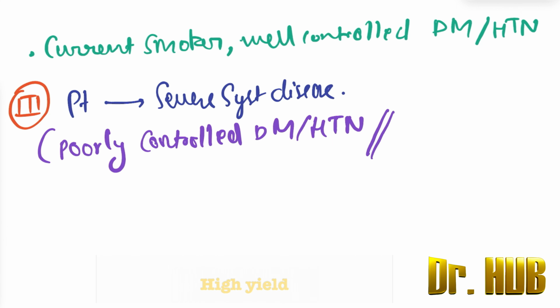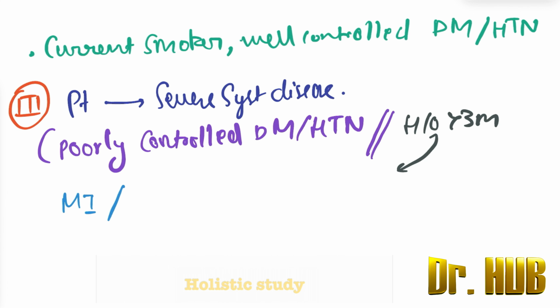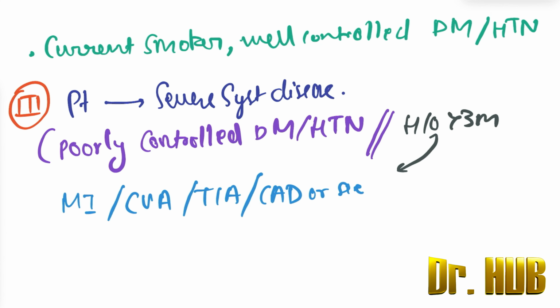Next, there is also history of greater than 3 months of MI, CVA, TIA, CAD or stents.